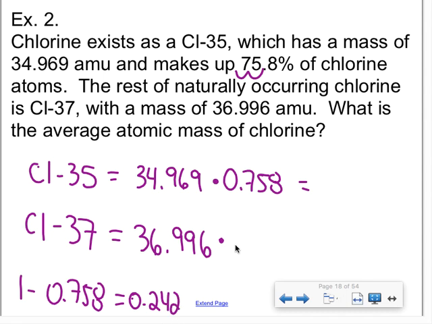So then that number goes here. Cool. So now I'm just going to take my calculator and multiply these two numbers and then add them both up at the end. So 0.758 times 34.6.